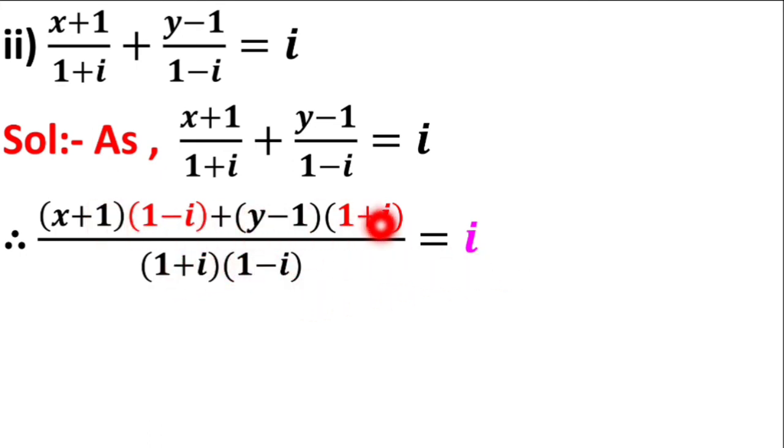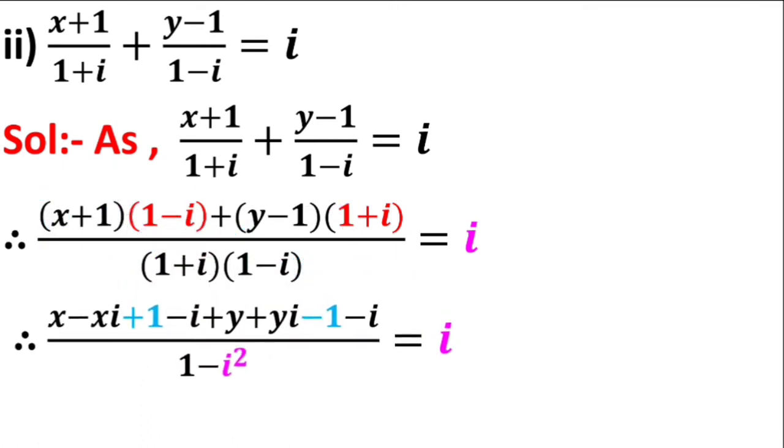Just open both the brackets, and here apply the formula (a plus b) into (a minus b). You will get x minus xi plus 1. See, x into 1 is x, x into i is minus xi, 1 into 1 is 1, minus i. Here plus y into 1 is y, plus y into i, minus 1 minus i, upon 1 minus i square, is equal to i.